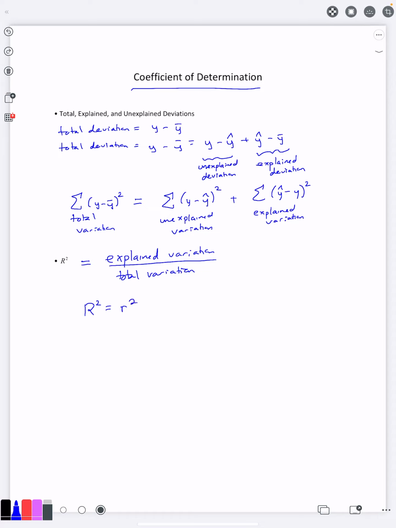So instead of having to calculate all these deviation things to figure out what capital R squared is, we can just take our correlation coefficient, which our calculator already gives us, square that number, and bam, we have our capital R squared, because they are equal in this scenario, in this class. Now, when you have more than two variables, it gets more complicated, but for just the two variable case, x and y, this is what we have here.